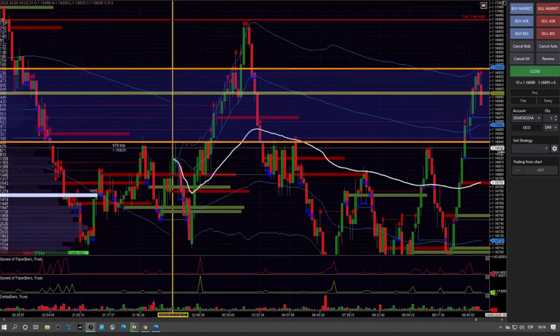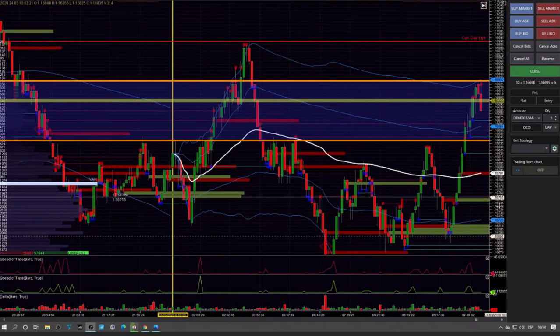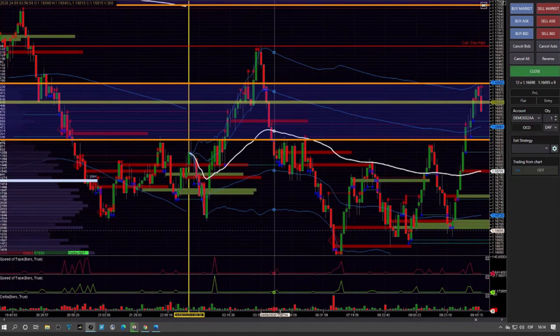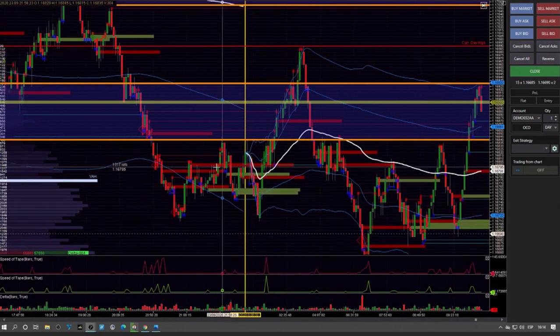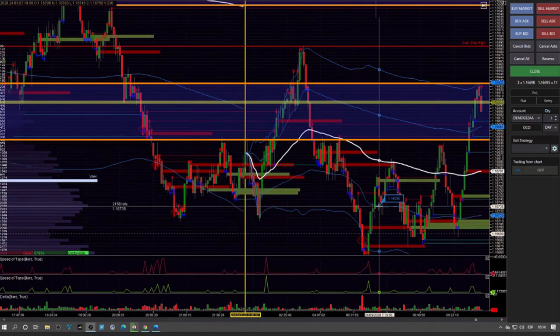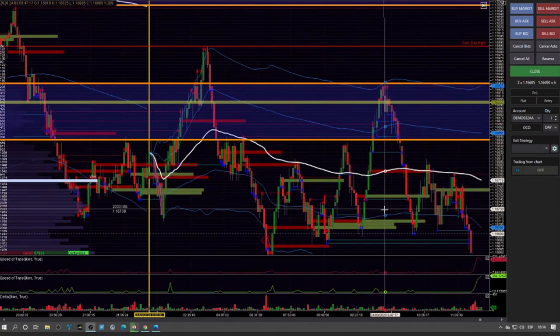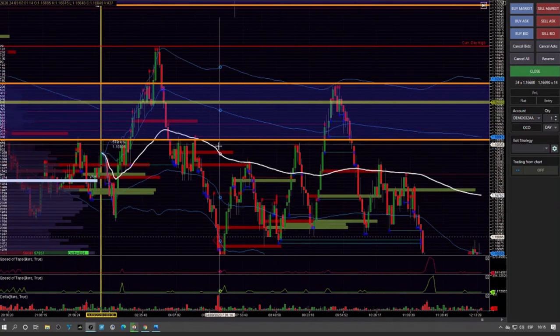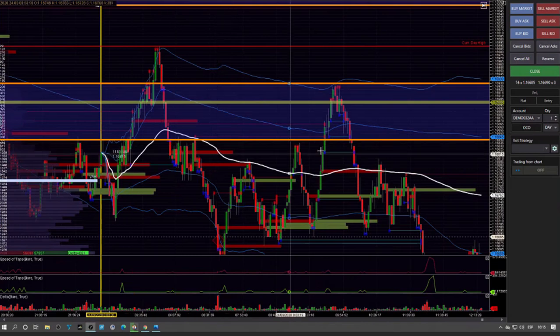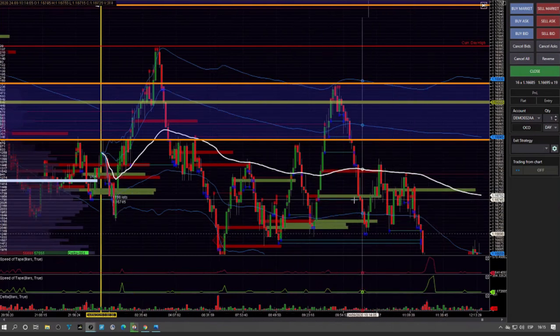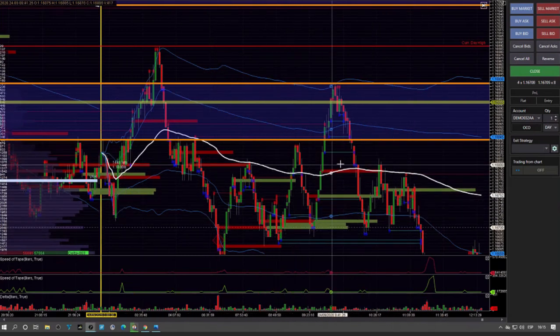You see these red and green lines here. These are imbalances, but if I'm looking at the candles, I would like to see where the imbalances are. That's why I have that activated as well on my chart. I can send you the template if you want.